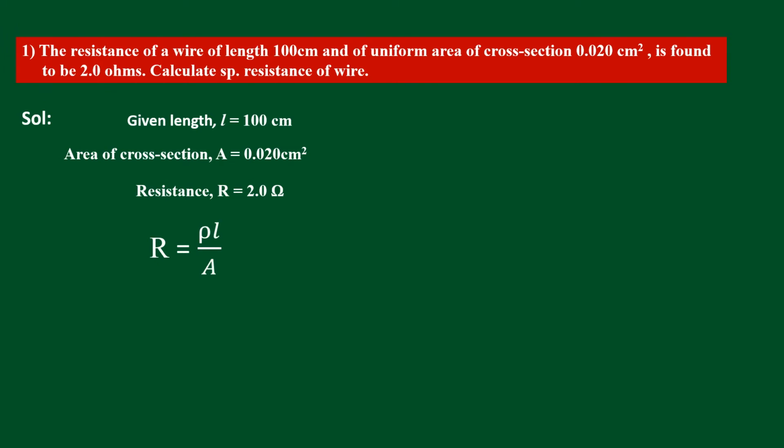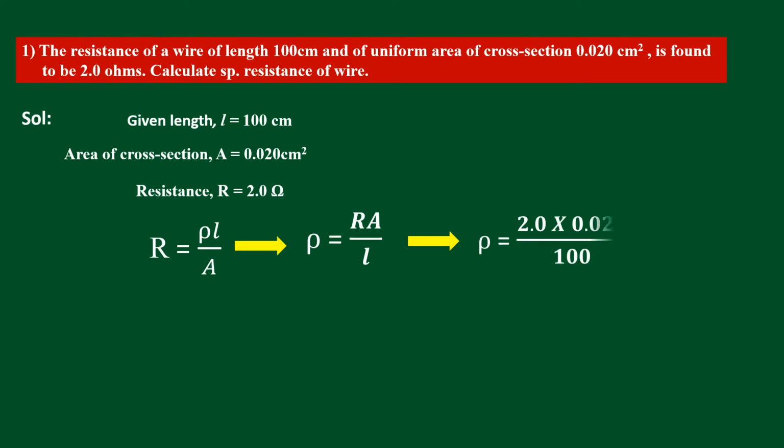Now by using the formula R is equal to rho L by A, by rearranging the formula we get rho is equal to R into A by L, and if we substitute the values of resistance, area of cross section and length of the conductor in this formula, we get rho is equal to 2.0 into 0.02 by 100.